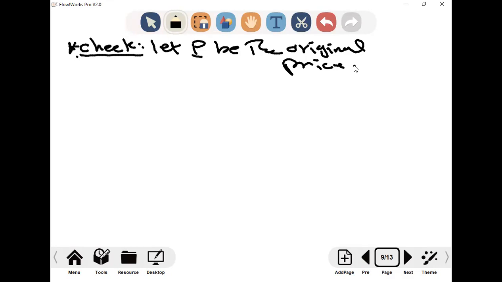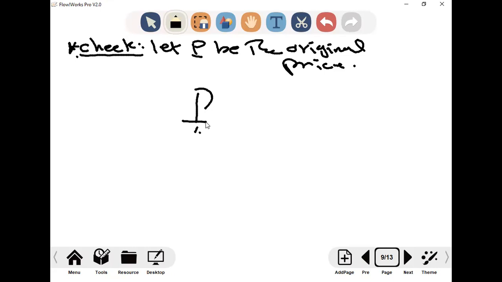What's your variable? Your variable represents what? Right? So you need to say let x be such and such. Then use x down. Got it? No, you need to write it. You need to write it. This is the correct answer. So let P be the original price. Now, when I write P down, when you see P, you know what's P. What's P? The original price.